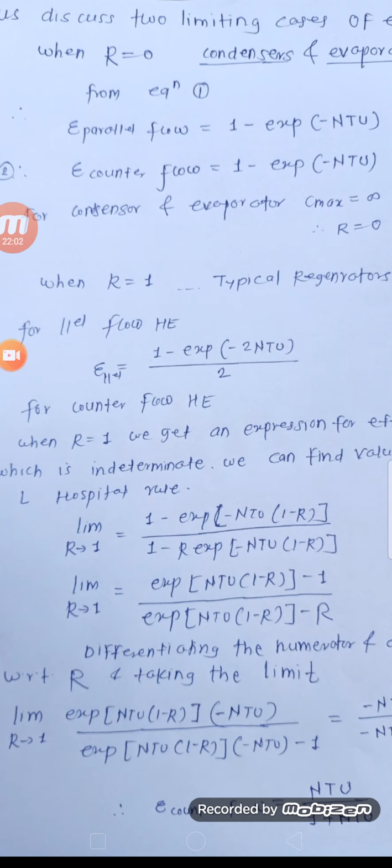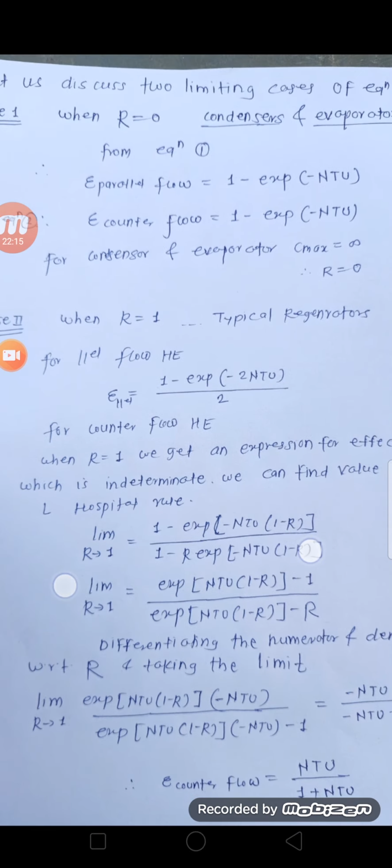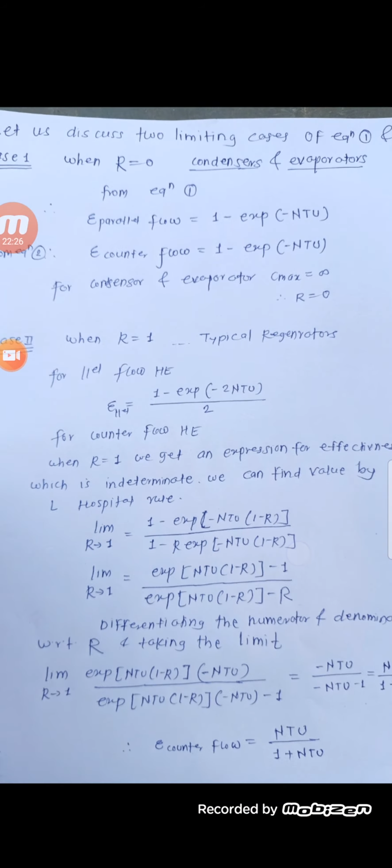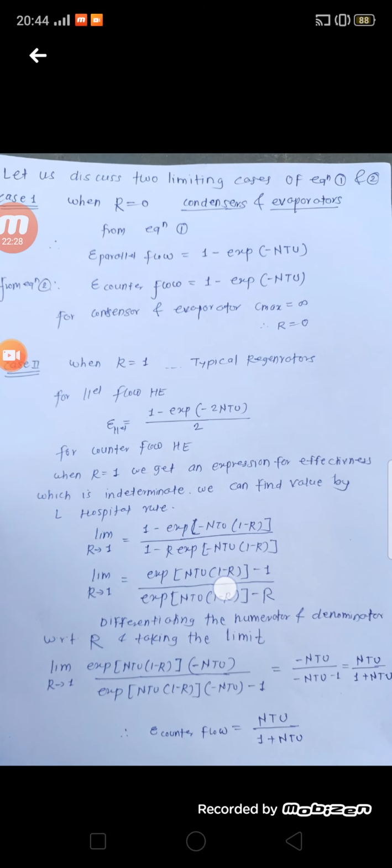So what is the derivative of the numerator? The derivative of exponential, that is e raised to that term, NTU into (1 minus R). We arrange the term in this form: exponential of NTU (1 minus R) minus 1, over exponential of NTU (1 minus R) minus R. Now differentiate the numerator and denominator with respect to R and take the limit R tends to 1.